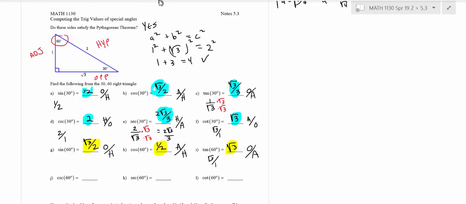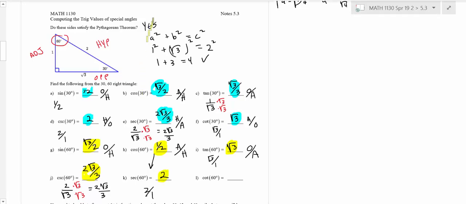And then the cosecant. Cosecant is the reciprocal of the sine. So that would be 2 over root 3. You would need to rationalize the denominator. Okay, so that would end up giving 2 root 3 over 3 as the answer to that problem. Okay, and then the secant is just the reciprocal of the cosine, so that would be 2 over 1 or 2.